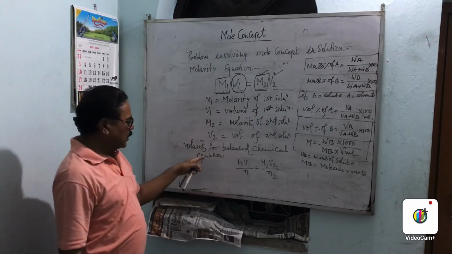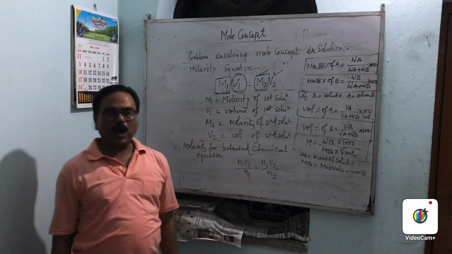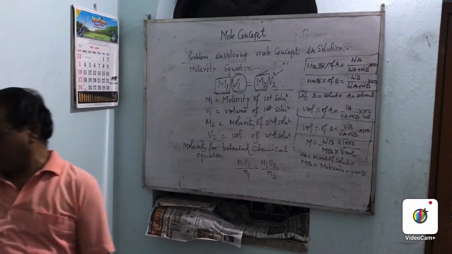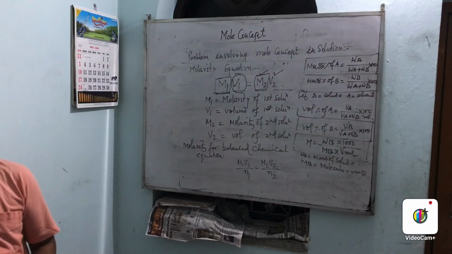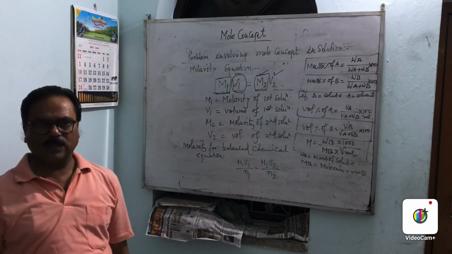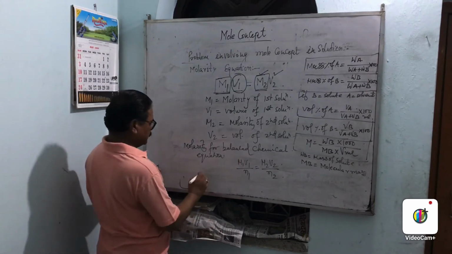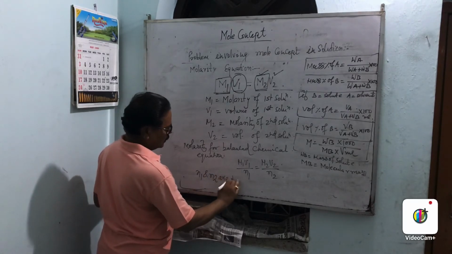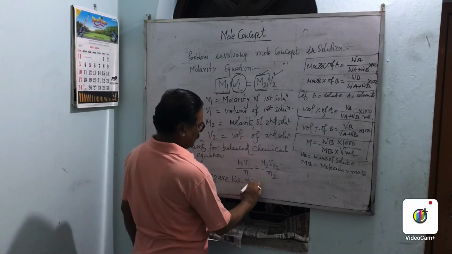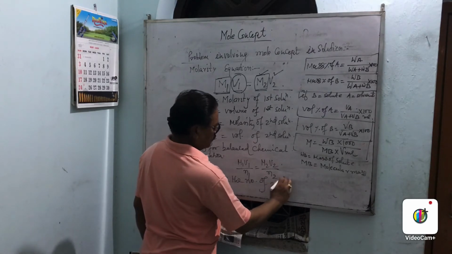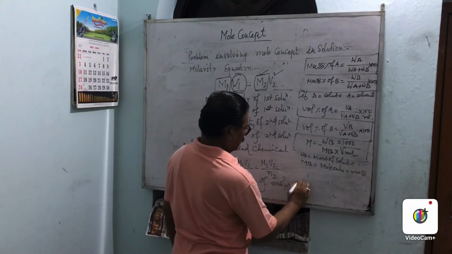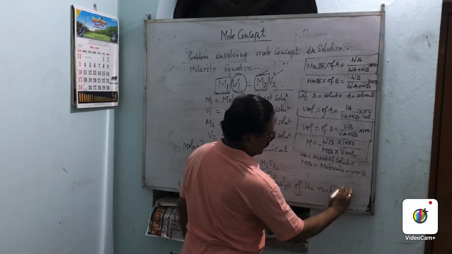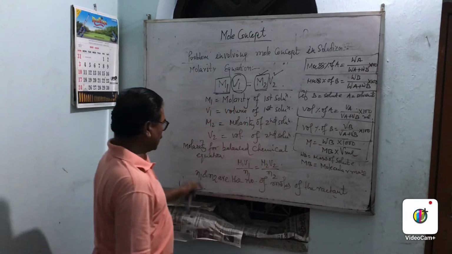M1 and V1 are the molarity and volume, and N1 and N2 are the number of moles of reactant 1 and 2 in that balanced chemical equation.